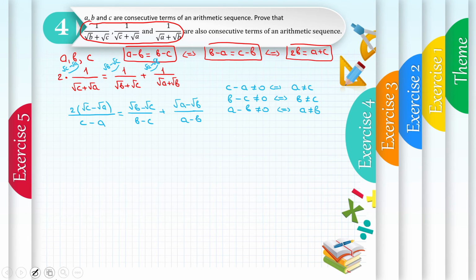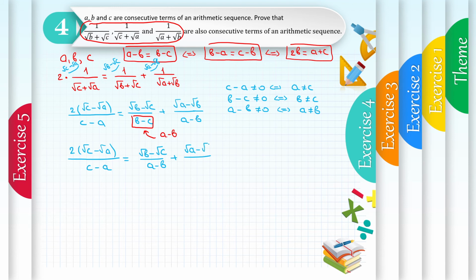Next, because b minus c is equal to a minus b, we will replace b minus c with a minus b. And we have the following form, that 2 times square root of c minus square root of a over c minus a, we have to prove that this is equal to the square root of b minus the square root of c over a minus b plus the square root of a minus the square root of b over a minus b.